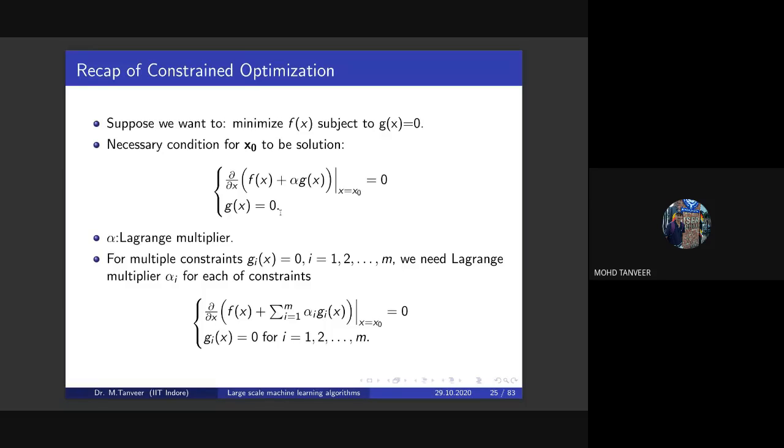Here alpha is the Lagrangian multiplier. If there are multiple constraints, the only difference while solving is that we add them like alpha 1 g1(x) plus alpha 2 g2(x) and so on up to alpha m gm(x), depending on the number of constraints. The rest is the same.